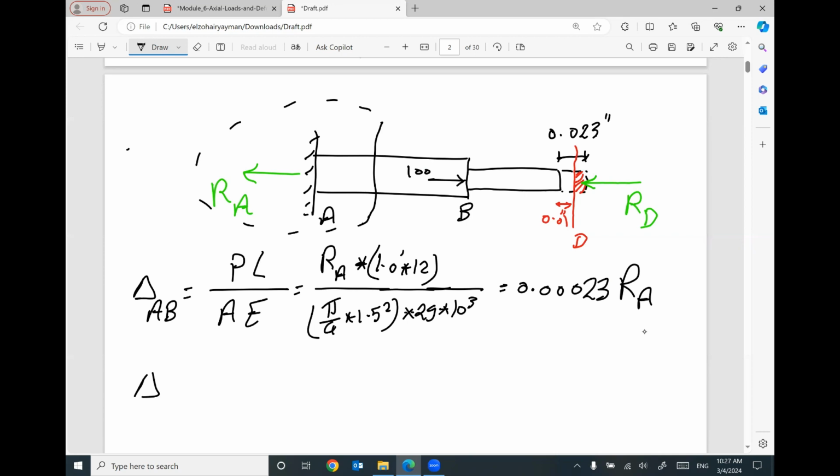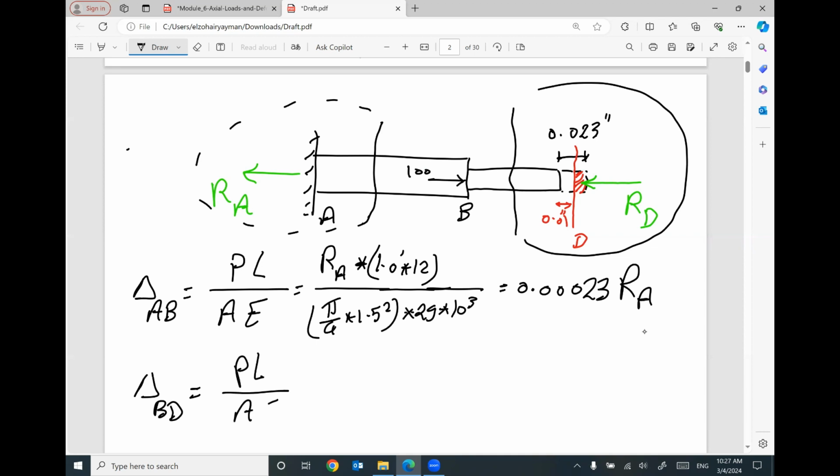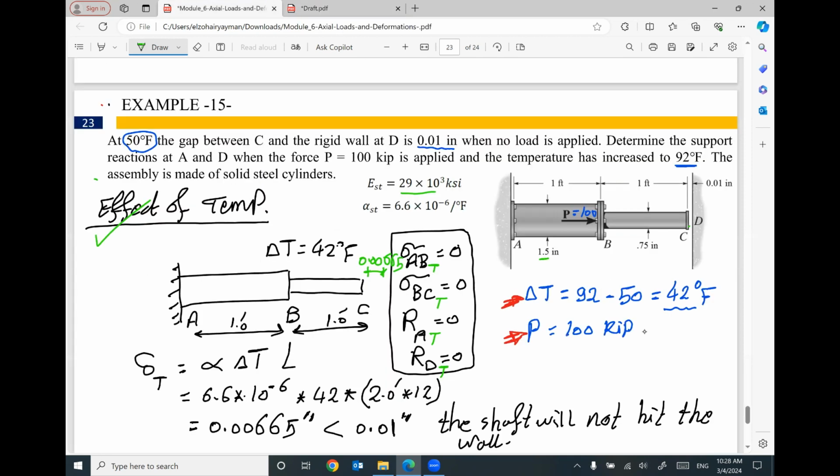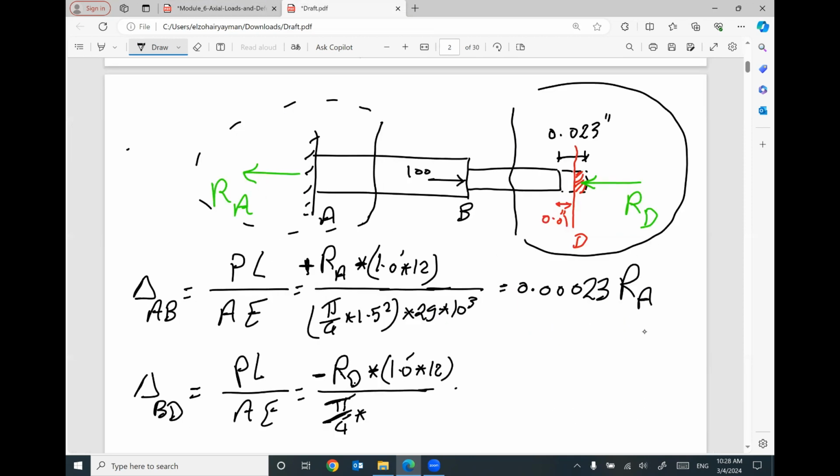How much axial deformation in part BD? If you cut here and use the right part, we will have reaction RD. So the applied force in this part will be reaction RD. This one is tension in AB, and this one will be compression, RD. The length of this part is 1 feet, multiplied by 12 to be inches. The area of this part is pi divided by 4 times the diameter of this part, 0.75, squared.